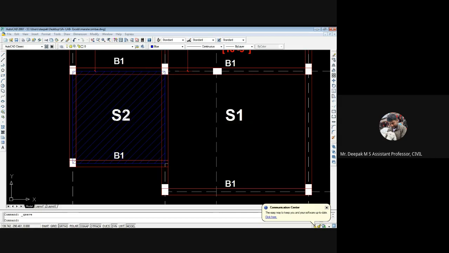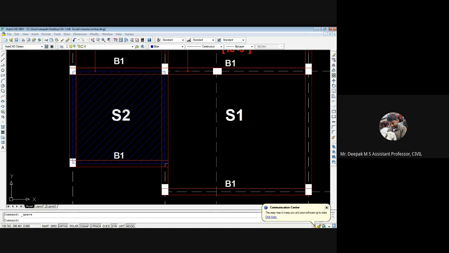And check for shear, we can consider VU by BD, that is VU is the total factored shear load divided by cross section area. So we got the nominal shear stress and the percentage steel based on the provided actual steel reinforcement.